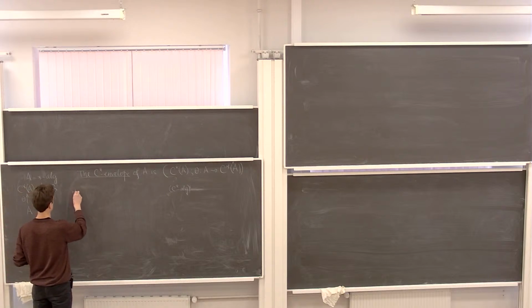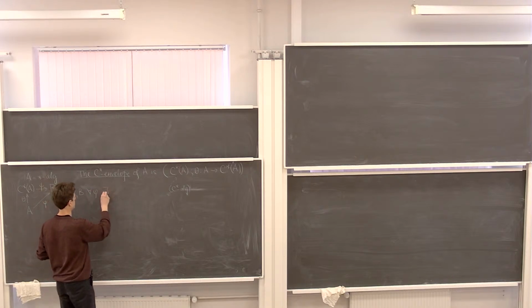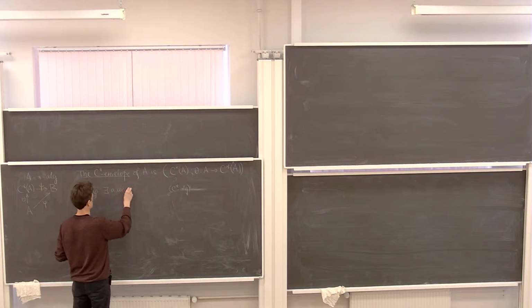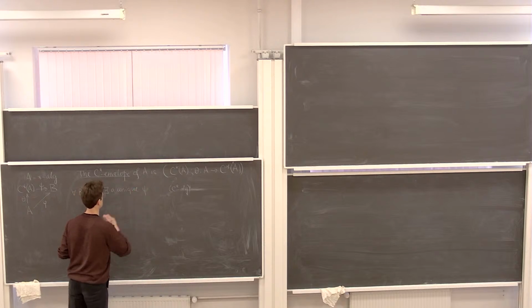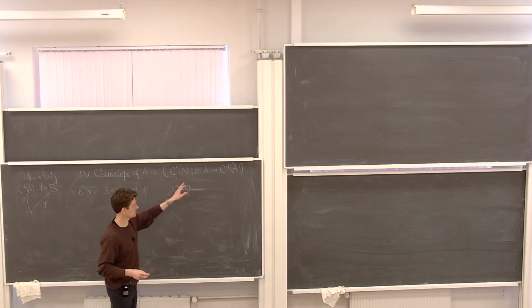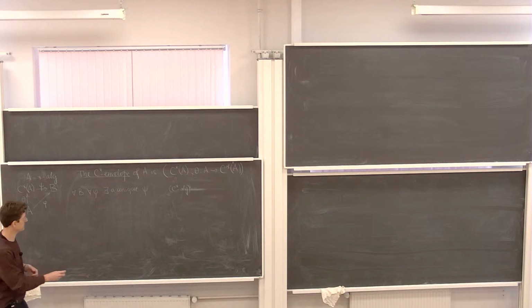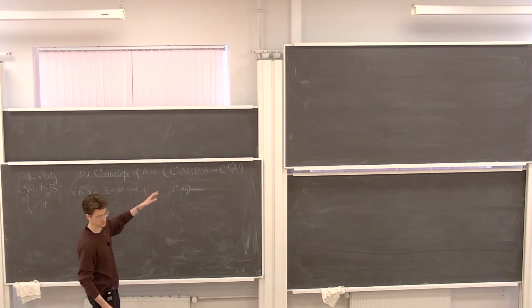So for every C-star algebra B and for every star homomorphism phi, there is a unique star homomorphism psi. In other words, from the viewpoint of category theory, this pair is an initial object in the category of all such pairs.